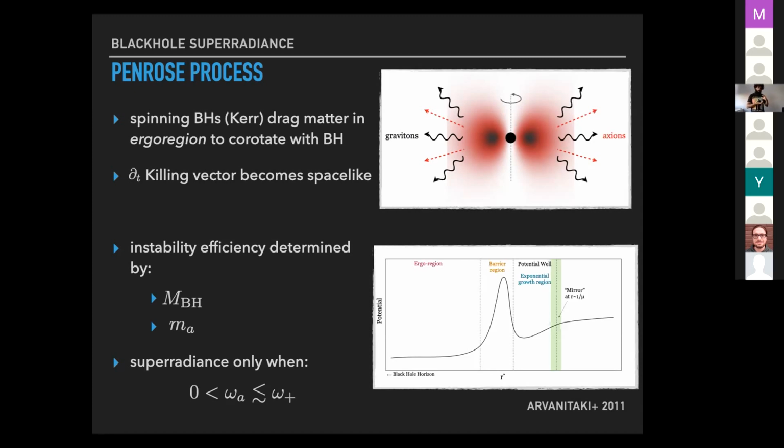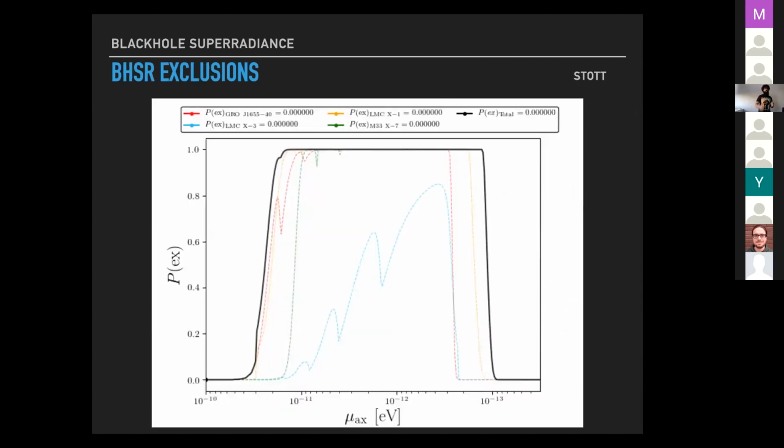And so what happens is you get an exponential increase in the filling of the bosonic field energy levels, and so this instability is therefore exponentially increased. It's not just maximized, but it's also exponentially enhanced by the fact that this mirror appears. So I think you can see the animation.